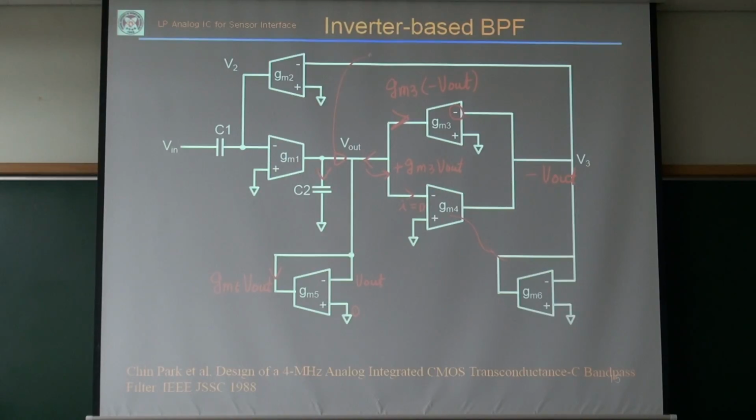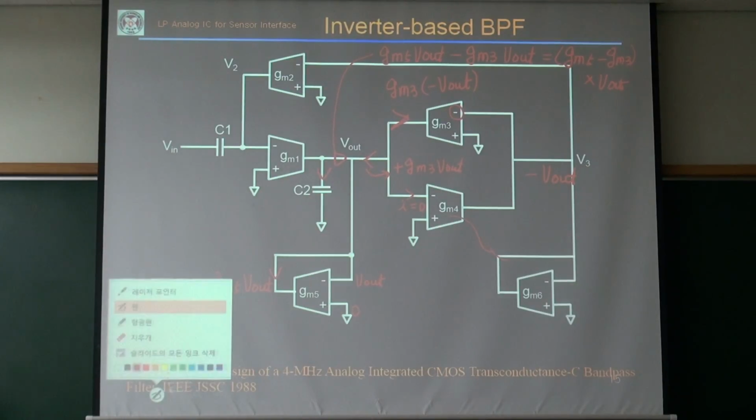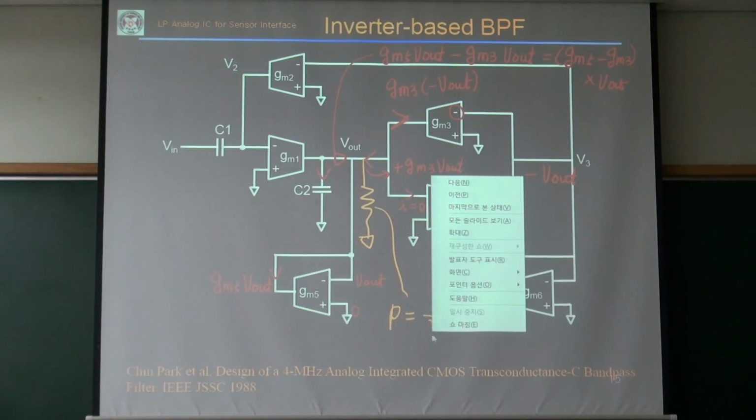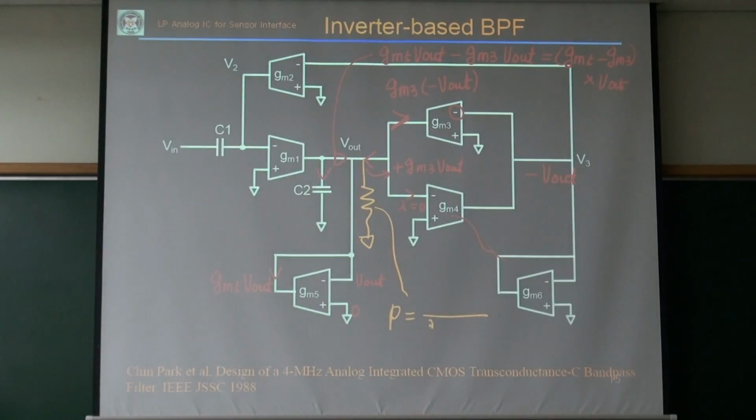This current is only gm5 Vout minus gm3 Vout, so this is gm5 minus gm3 times Vout. It's the same as connecting a resistor there, whose conductance is gm5 minus gm3, okay?